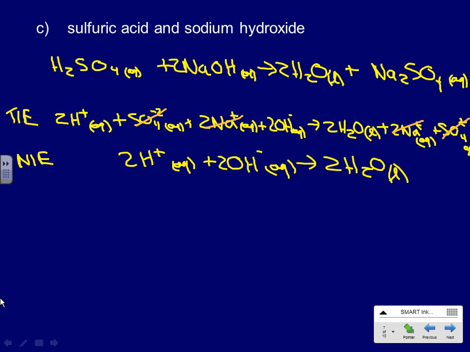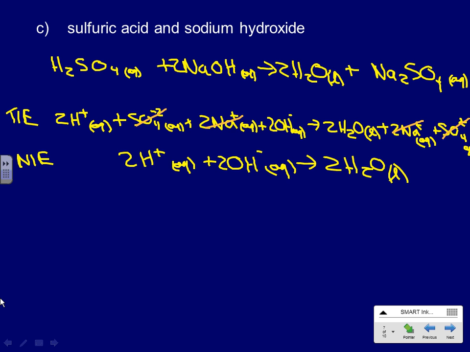This, with some different numbers of H's and OH's, is always the net ionic equation for a neutralization reaction. It's always a certain amount of H pluses coming together with a certain amount of OH's to always produce water.